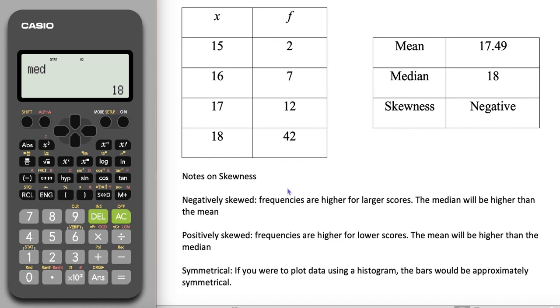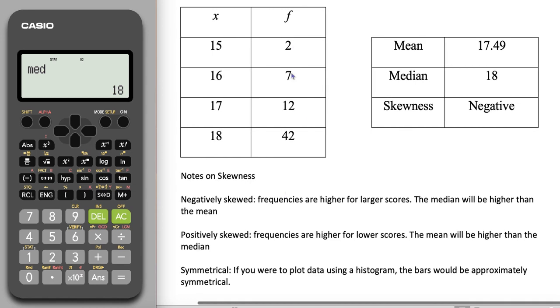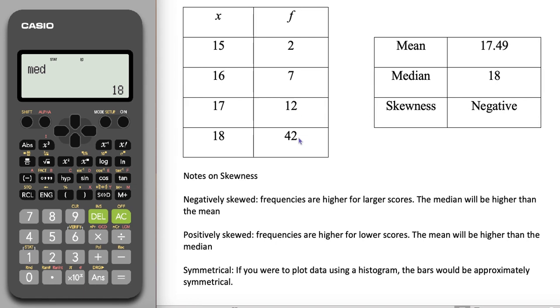And now the final comment I wish to make is about skewness. This data is skewed. By that we mean the frequencies are biased towards the higher end of the age groups, isn't it? So there was 12 and 42 here compared to 2 and 7. Most scores are at the larger end of the higher ages.